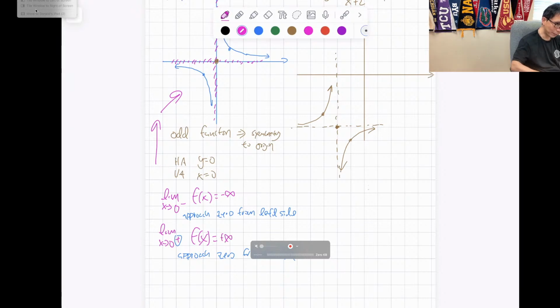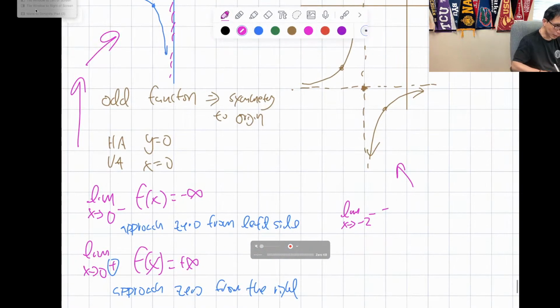Now, can you write one here? What do you think I want? Limit x approaches, especially on which one? Vertical asymptote, specifically. So what do I approach? Limit x approaches what? -2. And we start from the left side. Is that okay? Negative means the left side. What is that equal to? Positive infinity.